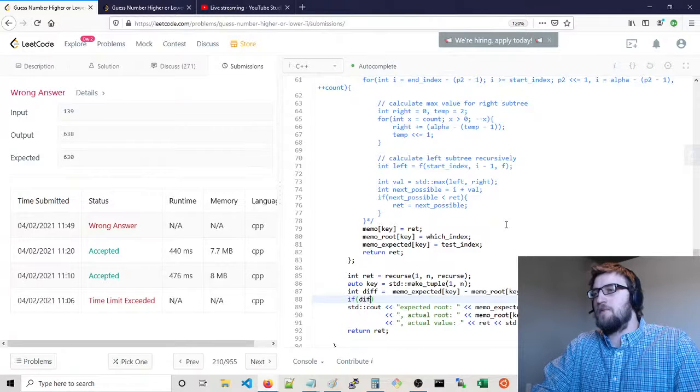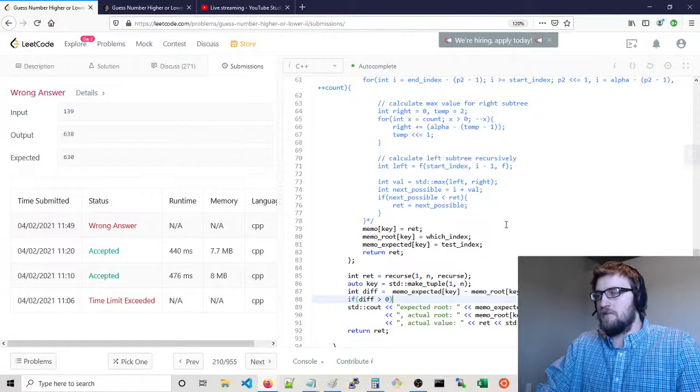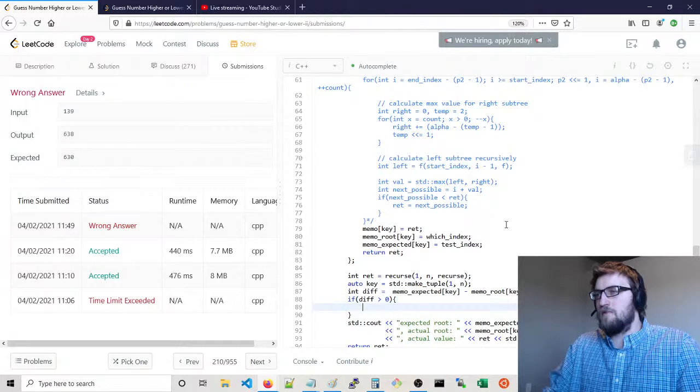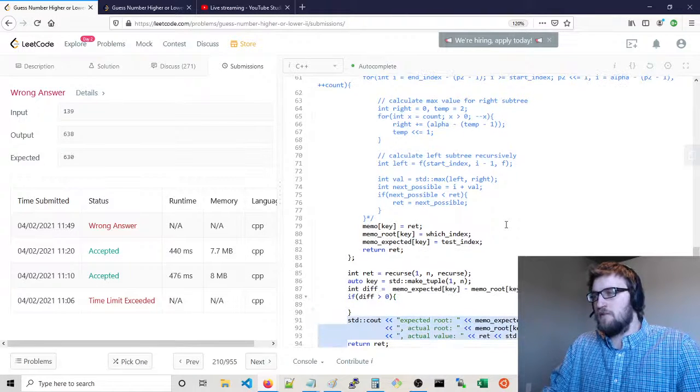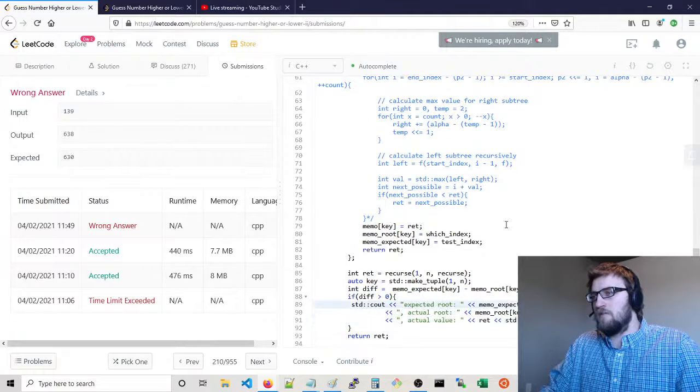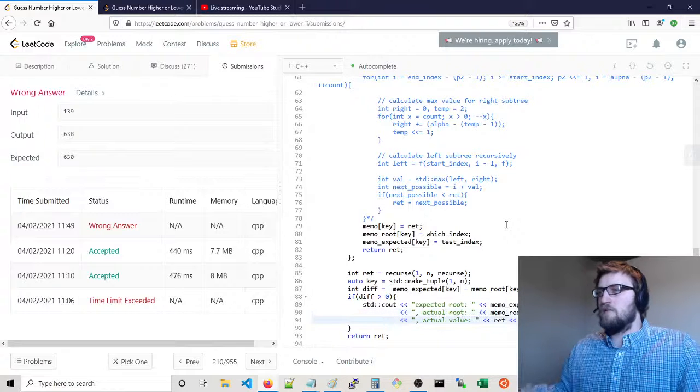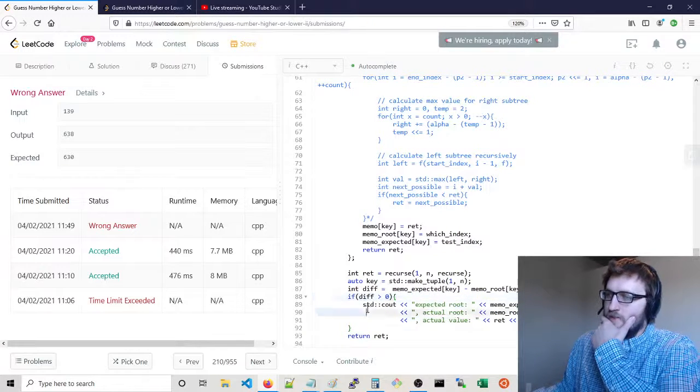So if diff is greater than 0, then do the below. Something like this.